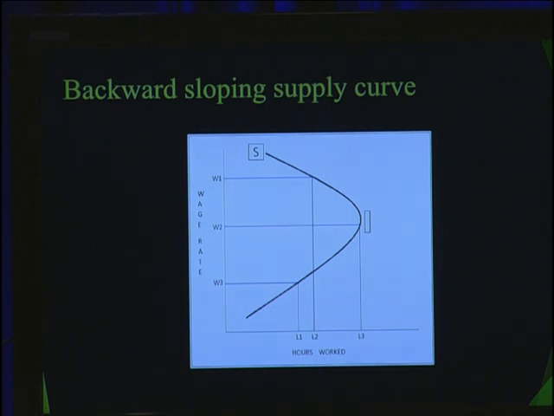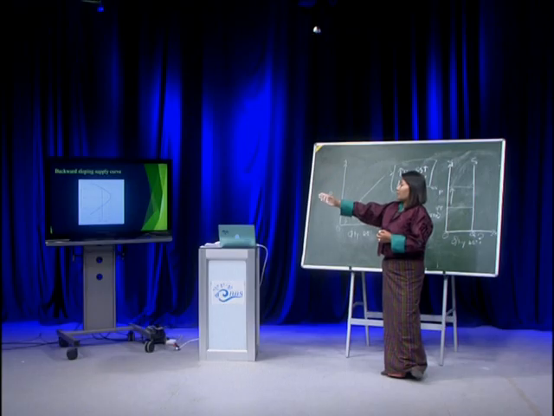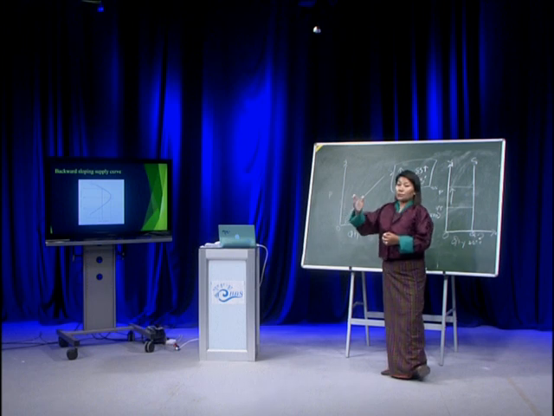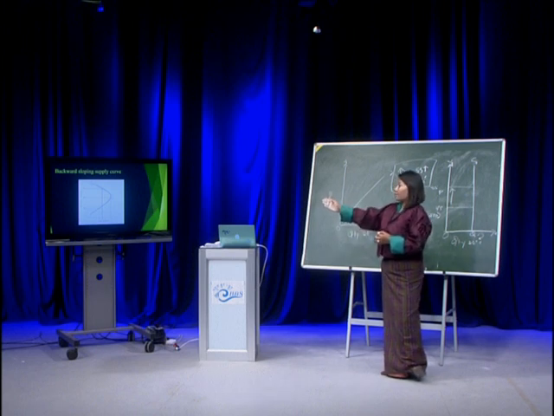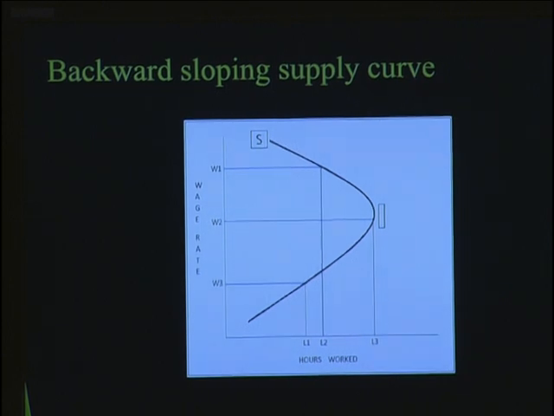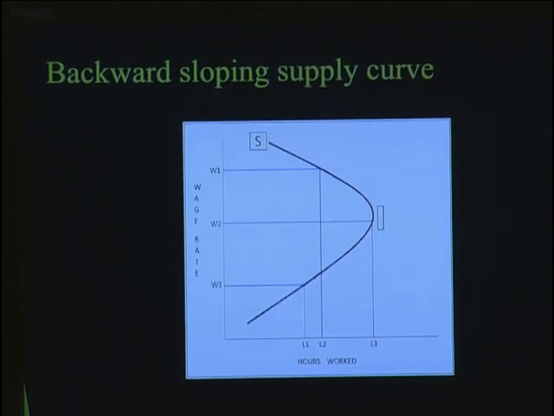Here, if you look at the initial wage rate, we can understand it as W3, all right? At W3, as the wage rate increases, the hours worked by the laborers also increase. But if you look at the topmost wage rate, W1, the hours worked have shrunk, decreased from L3 to L2.